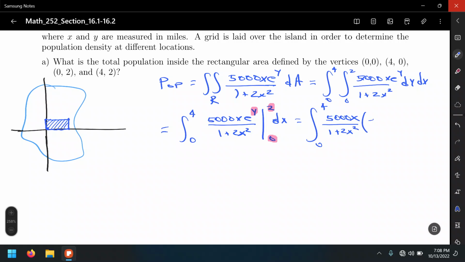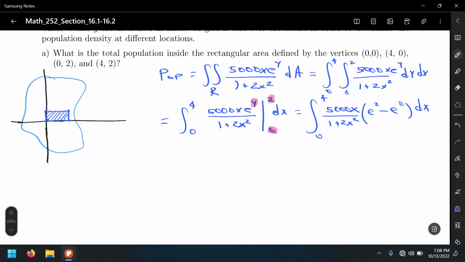And well, e to the second, that's e squared minus e to the 0, and well, that dx. Well, e to the second power, let's just leave it as e to the second power for now. In the end, we're going to approximate this result to some decimals, but at least e to the 0 is 1. However, in the meantime, I would like to take out these constants, in particular this 5,000, which is a constant.